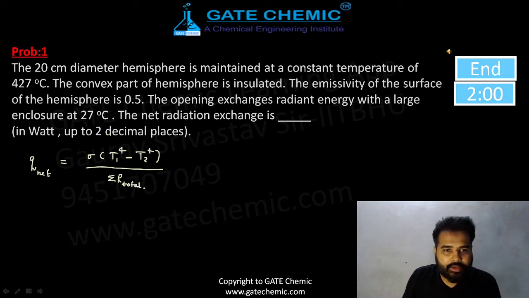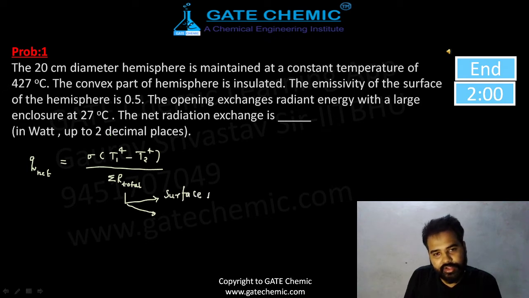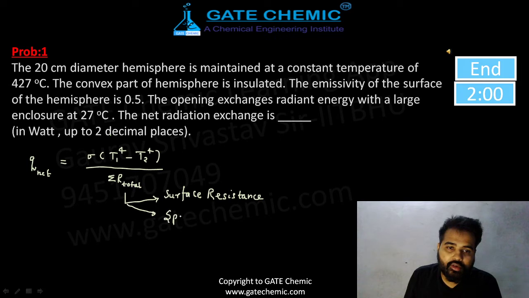Now, in all resistances for the radiation chapter, two resistances are there. One resistance is surface resistance and the second one is space resistance.